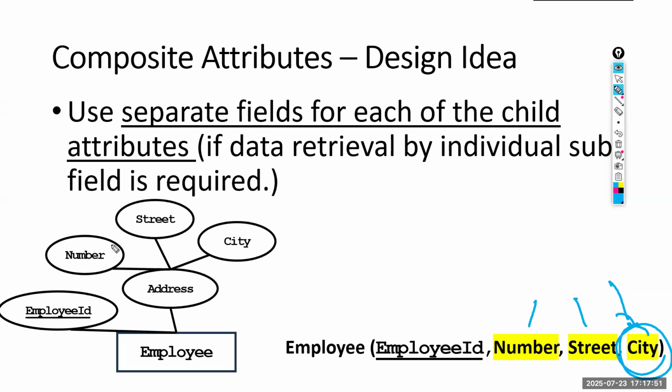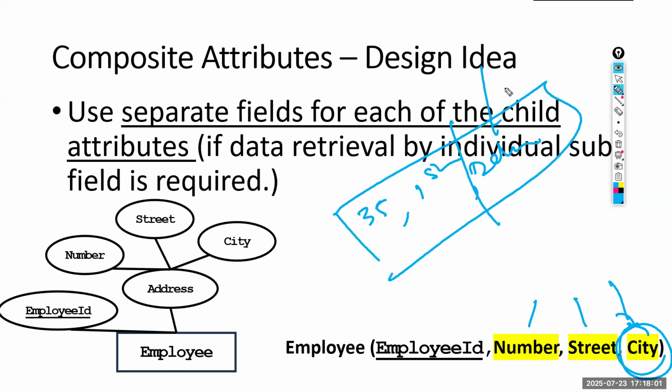If you keep, say, number 35, First Street, Dehiwala, then you need to extract this and find out where is the city, right? That is an unnecessary process, unnecessary fussiness.